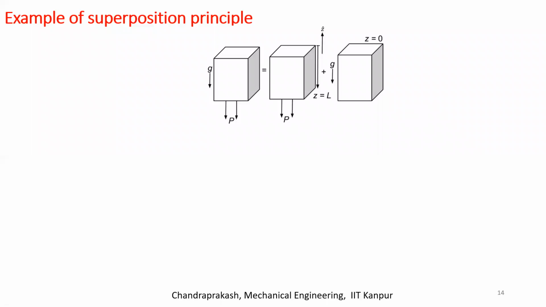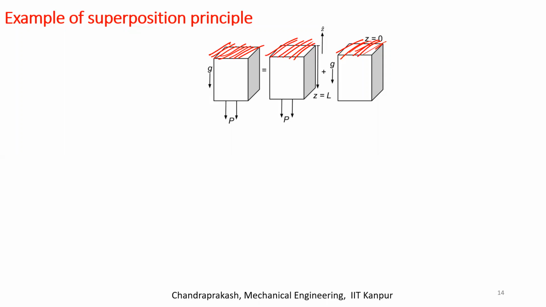So we were trying to look for an example of this application of the superposition principle. We have one object which is in gravity, and what is not shown on the figure is that it is fixed on the top end.